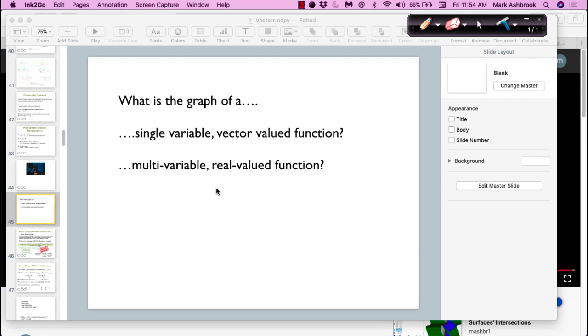The line was the first type of single variable vector valued function that we looked at, but then we looked at all kinds of different curves, right? So that's what you get. You get a curve. And then what about a multivariable real valued function? What do you get for that? Remember from last time, and from the homework due today?